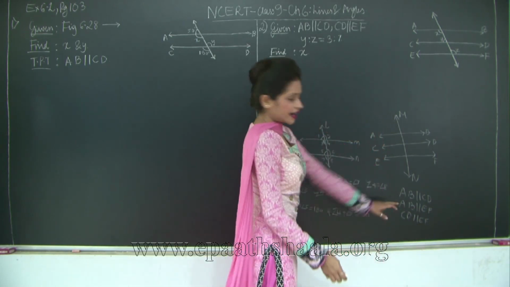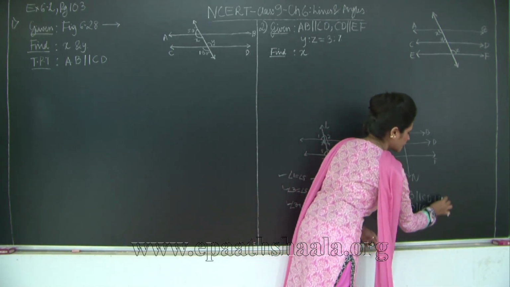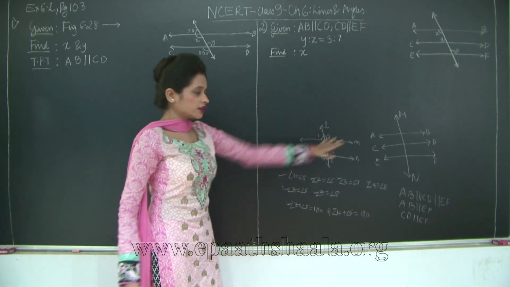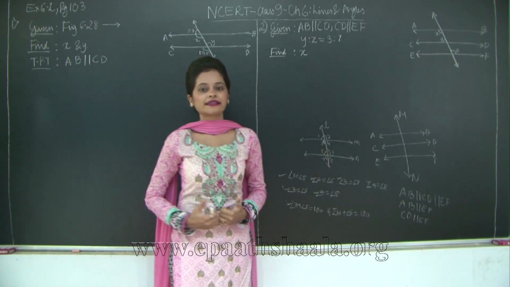Therefore, I can write that AB is parallel to CD, which is parallel to EF. So based on these two topics, we are going to solve exercise 6.2.